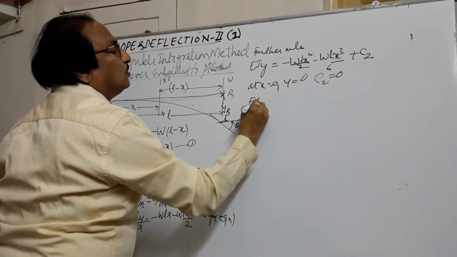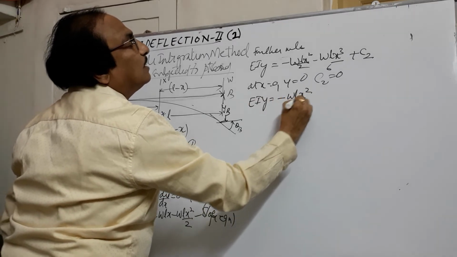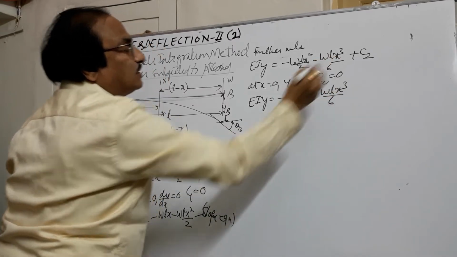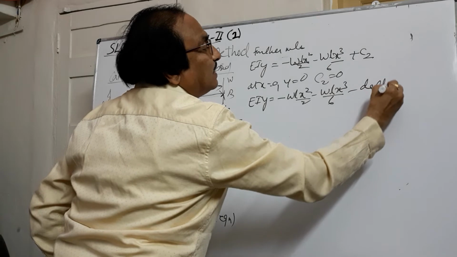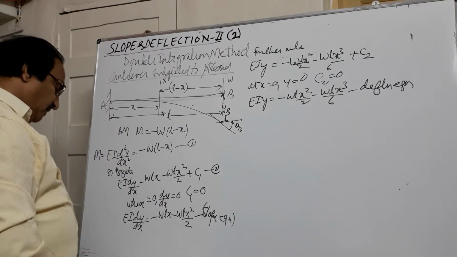If I substitute this, EI into y is equal to minus W L x square by 2, minus W x cube by 6, plus C2 equal to 0. This equation we call the deflection equation.